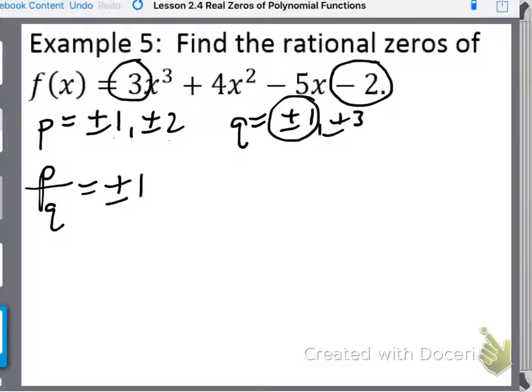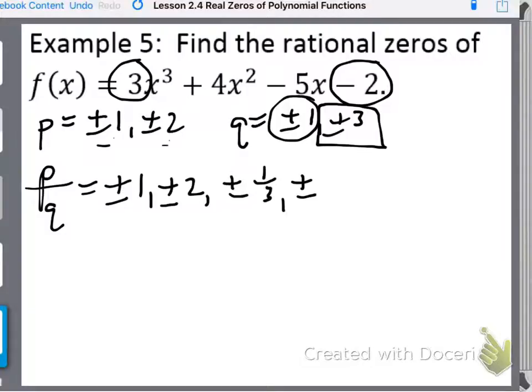So I have plus or minus 1, plus or minus 2. Now I'm going to take each of these and divide by the second factor. So I have plus or minus 1/3, plus or minus 2/3. Okay? So there are our possible rational zeros. So there are 8 to choose from.